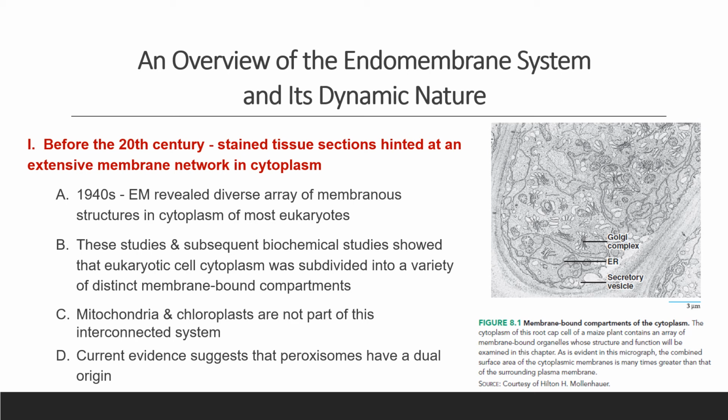Mitochondria and chloroplasts are not part of this interconnected system. Current evidence suggests that peroxisomes have a dual origin. The image that you see right now shows the membrane-bound compartments of the cytoplasm: the Golgi complex, endoplasmic reticulum, and of course the excretory vesicle.